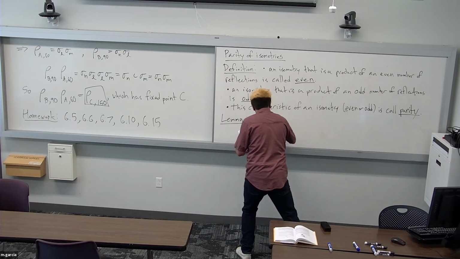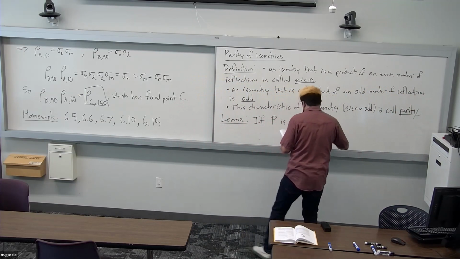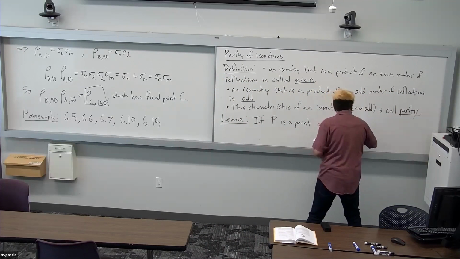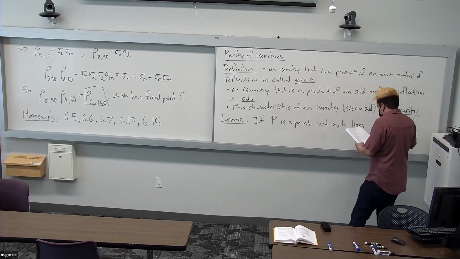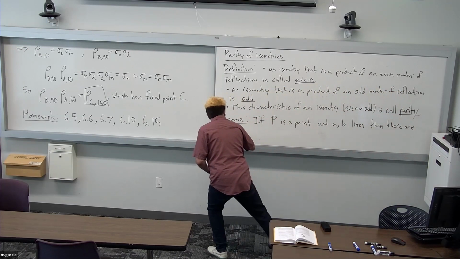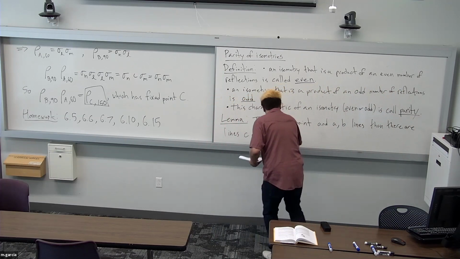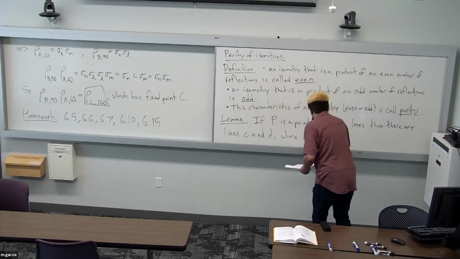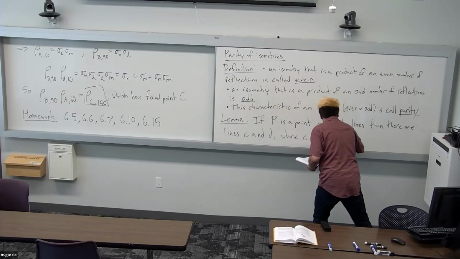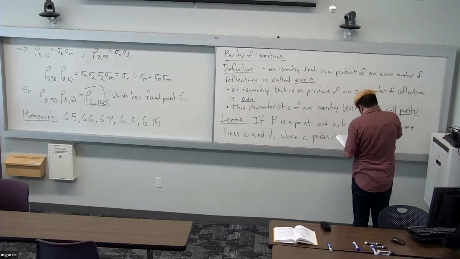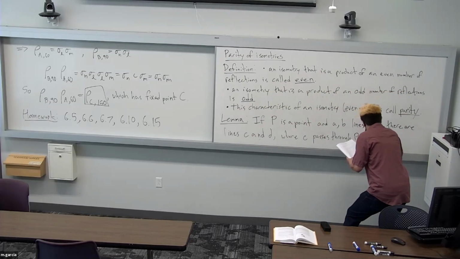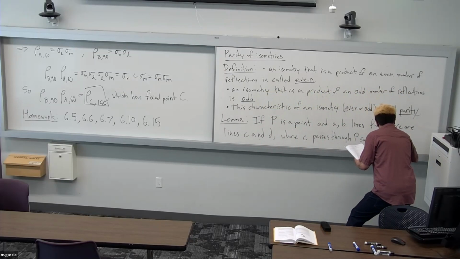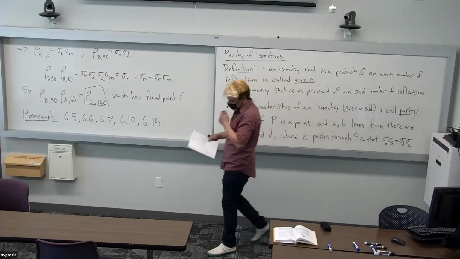So if P is a point and A and B lines, then there are lines C and D where C passes through P so that sigma B, sigma A is equal to sigma D, sigma C. Okay?